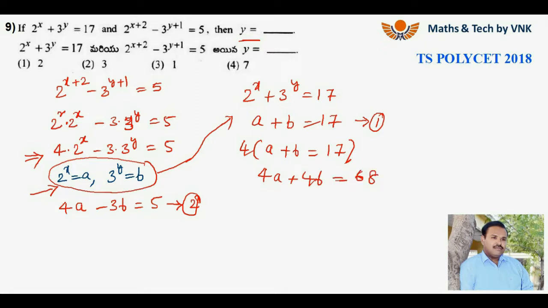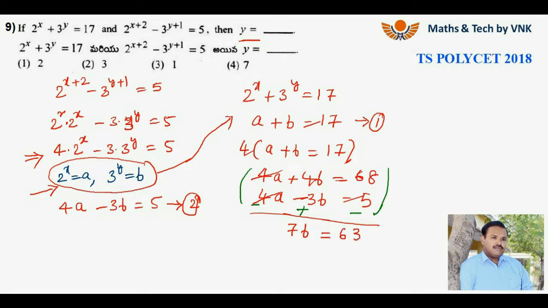So subtracting the second equation, 4a minus 3b is equal to 5, from the above equation. So here we are doing subtraction, so this is minus 4a plus 3b minus 5. So 4a minus 4a get cancelled, 4b plus 3b is 7b, is equal to 68 minus 5 is 63.